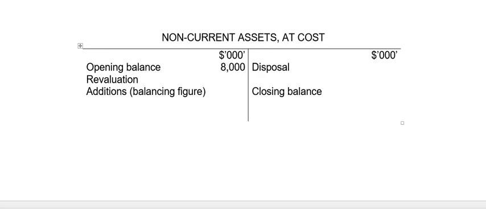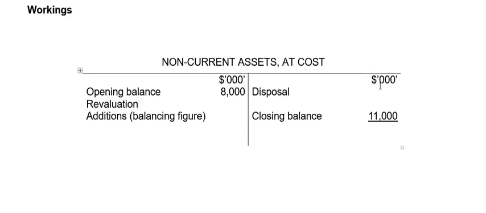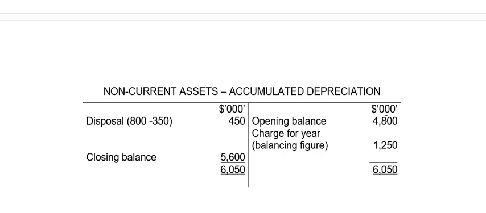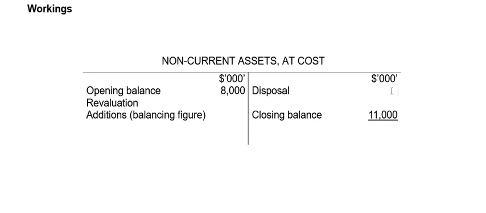The closing balance is 11,000. I've used positive values. Then the asset that was disposed of during the year had a cost of 800, so we have to write off this asset, so you have to credit the non-current asset account.